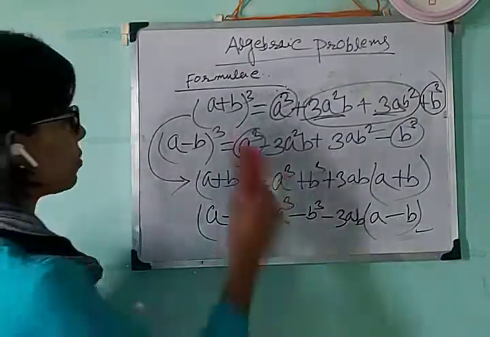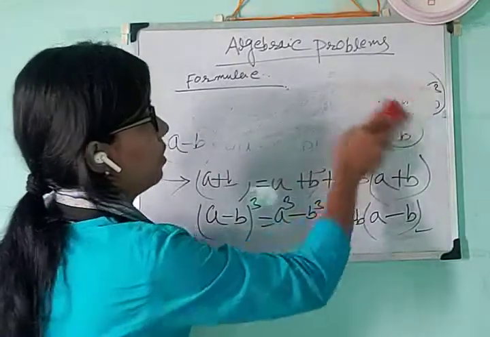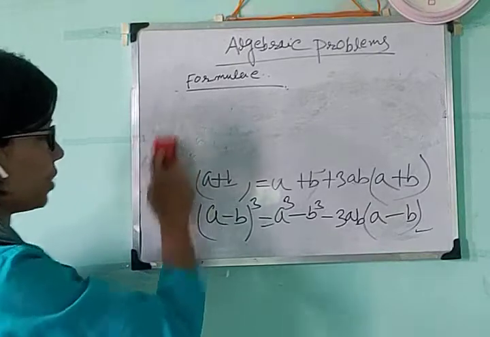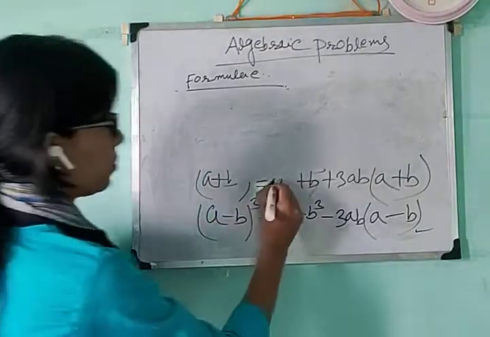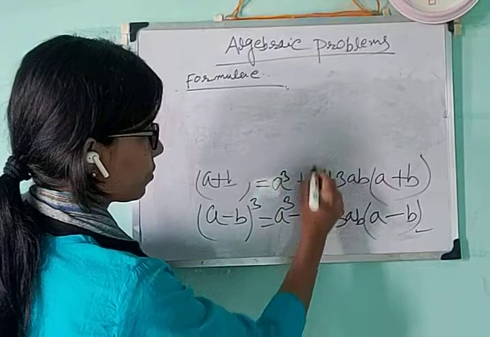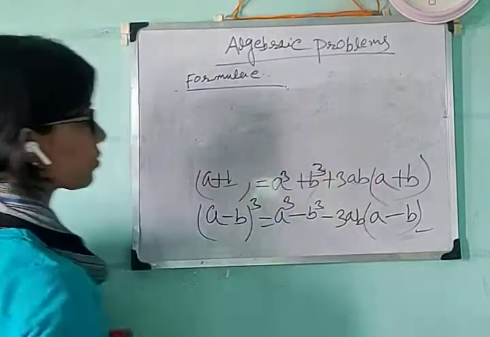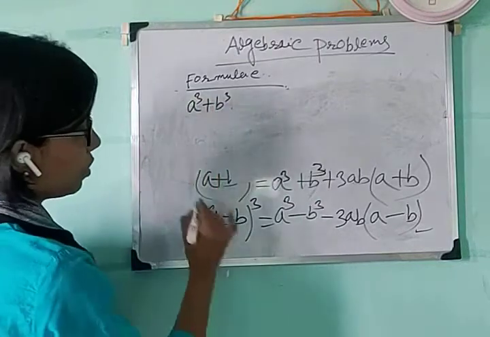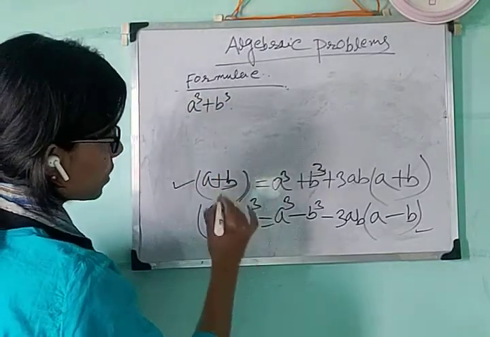Now here again we can find the formula of a cube plus b cube. Like a square plus b square, we can also find the formula of a cube plus b cube. How? Look at this expression.